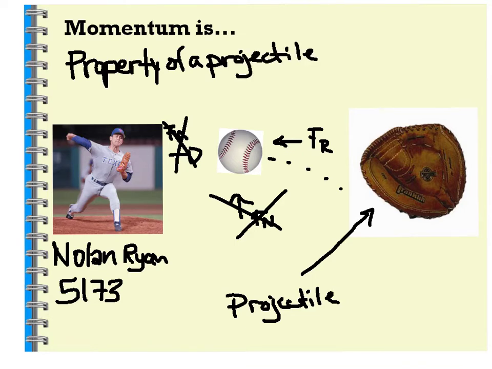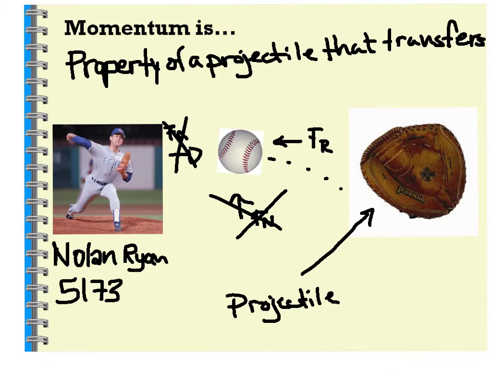And we're going to say that it actually transfers the force or carries the force. So it takes the force from Nolan Ryan's arm and applies that force to the catcher, but he's not actually standing up there punching the catcher's mitt. He's throwing a projectile.